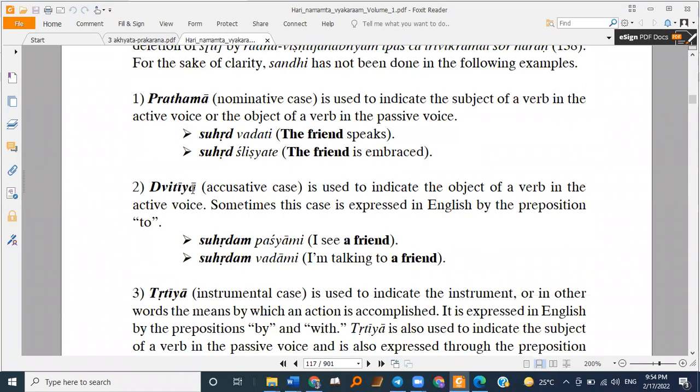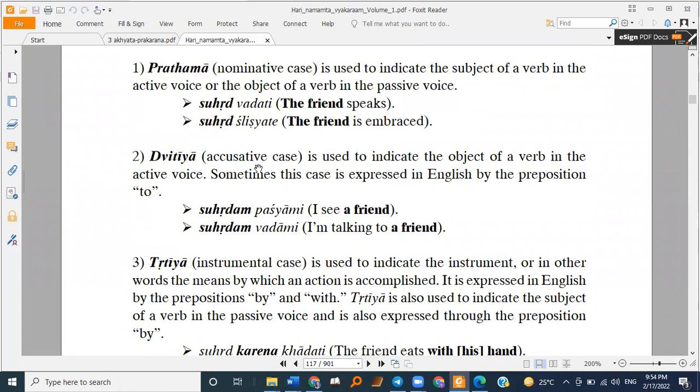Then Dvitiya, the second case, which is accusative, is used to indicate the object of a verb. So subject and then object. For example, Aham Suhridam Pashyami, that I am seeing a friend. Who is the object of the activity of seeing?